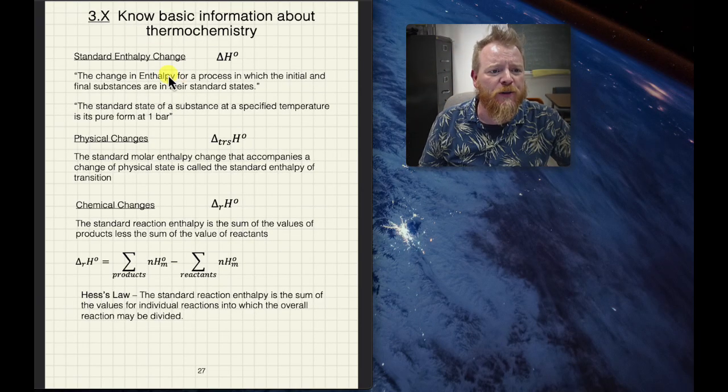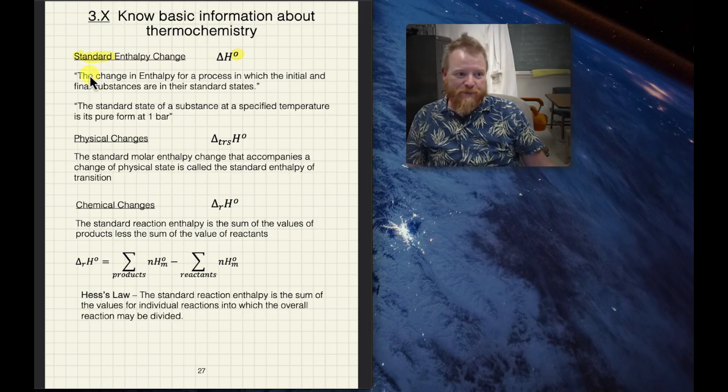So just to make sure that we're all on the same page, our standard enthalpy change is the change in enthalpy for a process in which the initial and final substances are in their standard state. When we see this little superscript 0 right there, that's our symbol for standard.